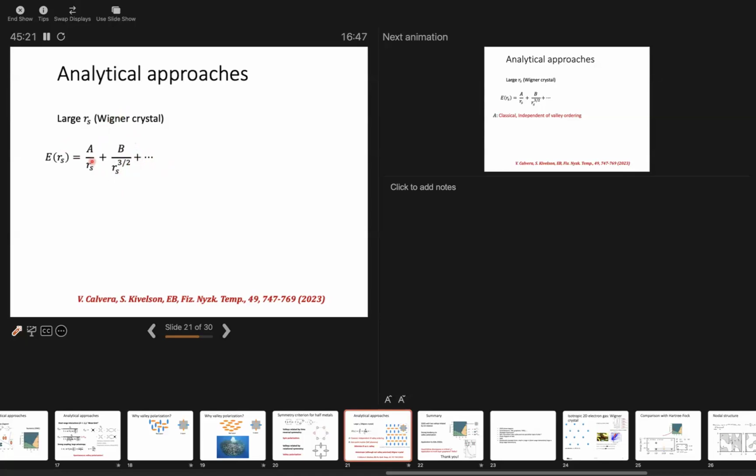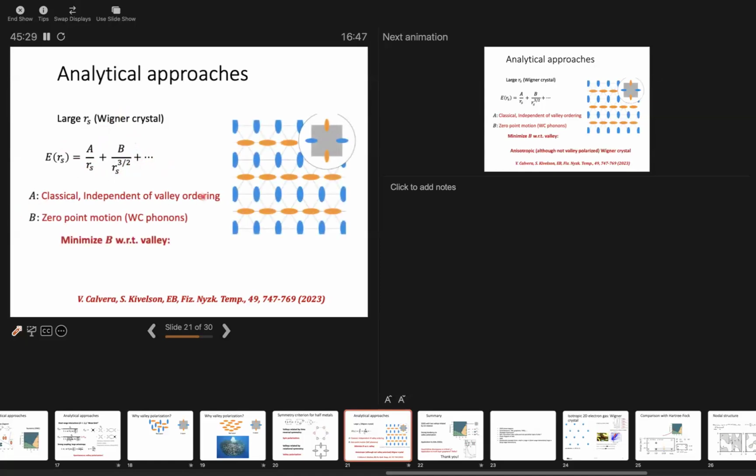A is classical, valley independent. B is valley dependent. You can minimize this B coefficient with respect to the valley polarization of the different electrons, and you get this particular pattern. This is the minimum energy.